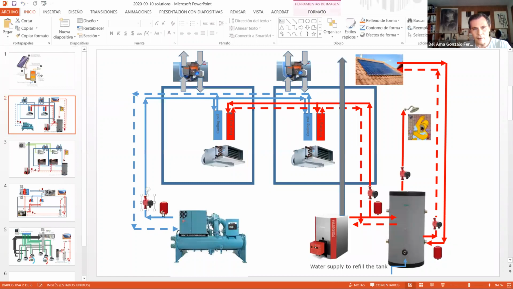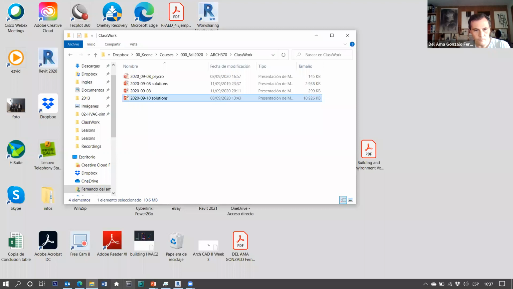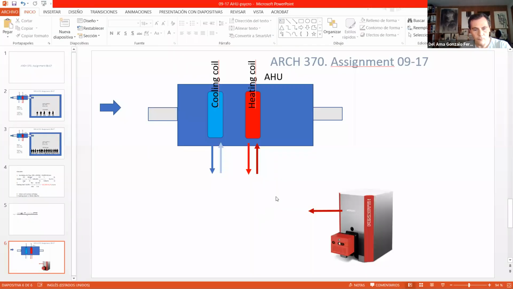So we're going to need expansion tanks, and we're going to need water pumps. So I can copy those things. Okay, so there will be a water pump here, pumping the water from the boiler to this, and there will be an expansion tank here at the beginning of the circuit. Okay, so there will be an expansion tank here.